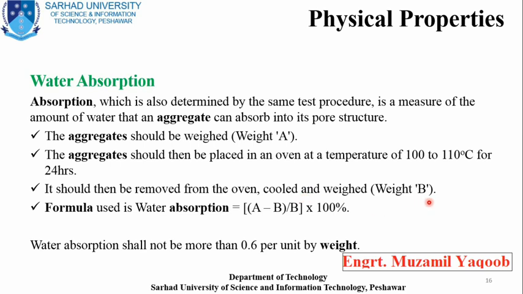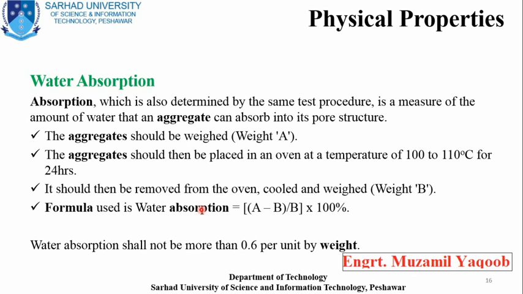That will be your second weight, W2, and the formula used to determine the water absorption is as follows. Over here you can see A means the first weight, and B means the second weight, when you calculated the weight after placing in the oven, and divide by the second weight. For obtaining the percentage, multiply by 100.